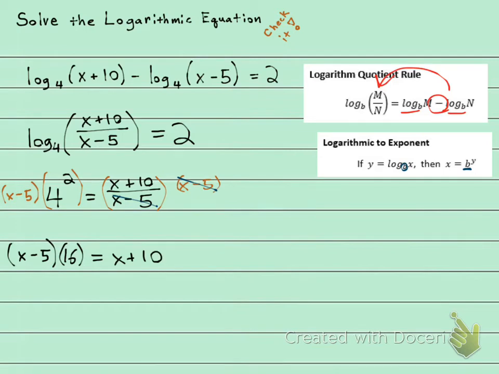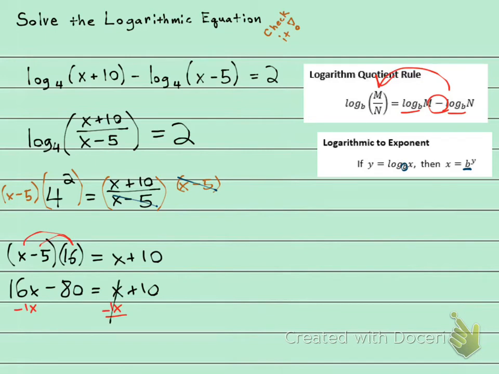Linear equation now. Distribute. I will get 16x minus 16 times 5. Is that 80, I think? Equals x plus 10. Distribute, combine like terms, variables to the same side. Minus 1x on both sides.